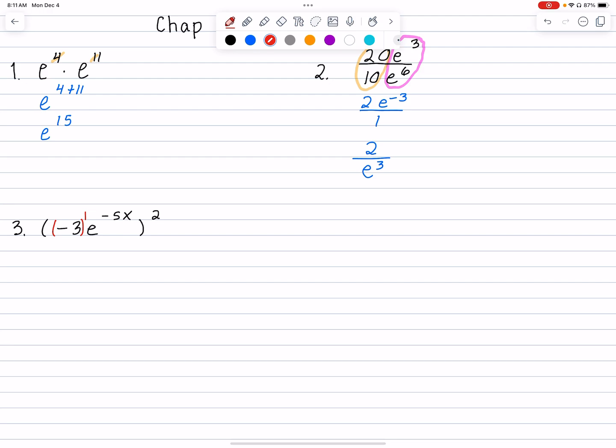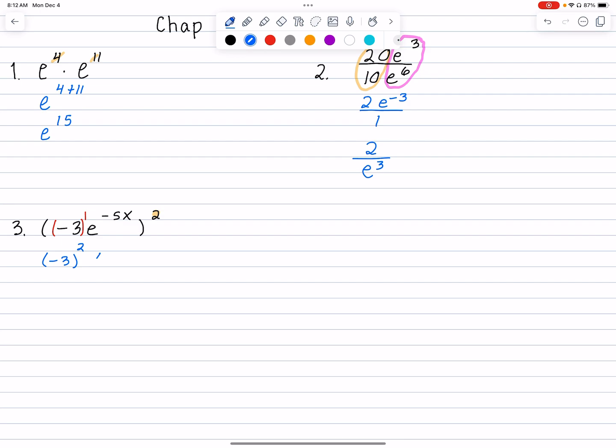So in this case, reminder what we do. We are going to take the power on the outside and multiply it to each of the powers on the inside. That's our power to a power rule. So in this case, I'm going to get negative 3, and then I'm going to multiply the exponent, so 1 times 2 is 2.